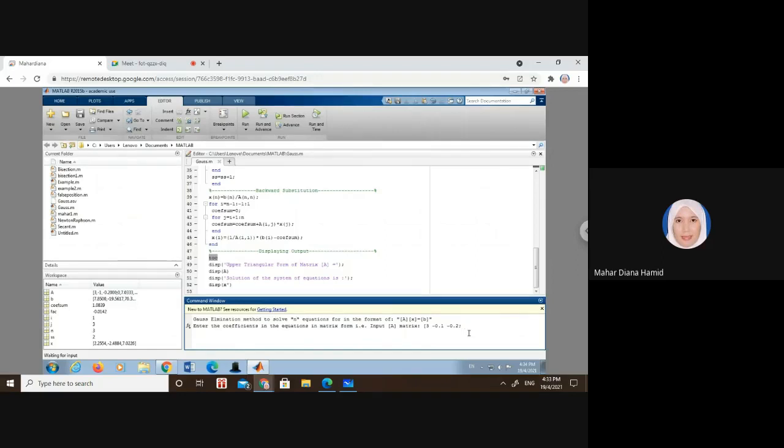Semicolon 0.1 7 negative 0.3 0.2. So every time we put a semicolon, it means that we are going to continue with the next row. So semicolon, another row, semicolon, another row. So 2 and 10.